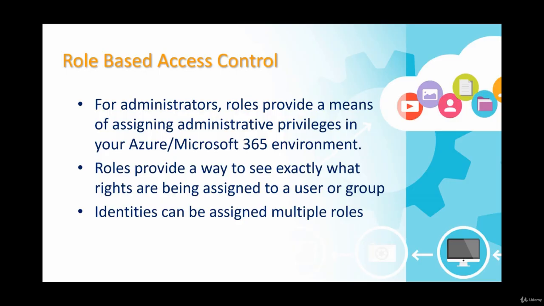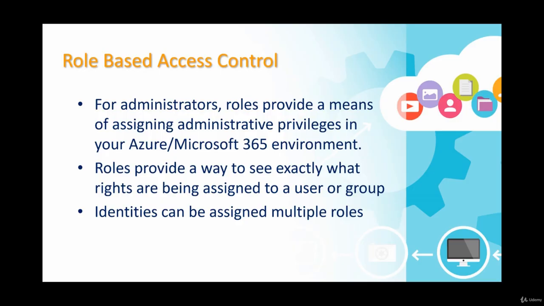In the MS 500 exam, they're going to put a big emphasis on dealing with it from the administrative perspective, so we're going to be focusing on that right now. RBAC allows an administrator to grant other administrators privileges to things in your environment, control over your environment.